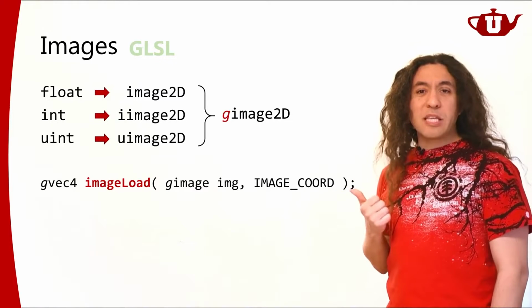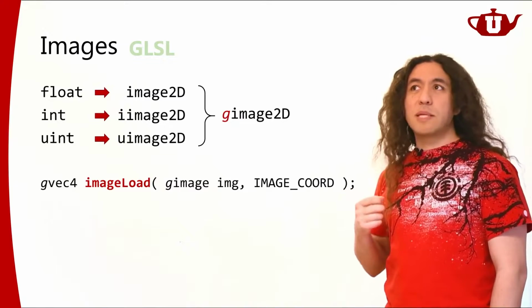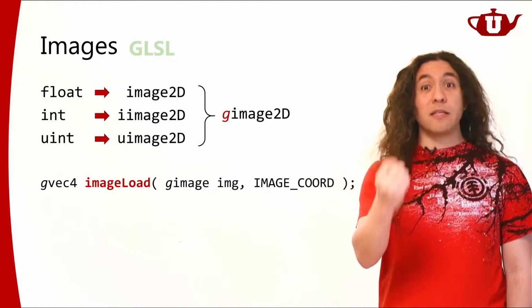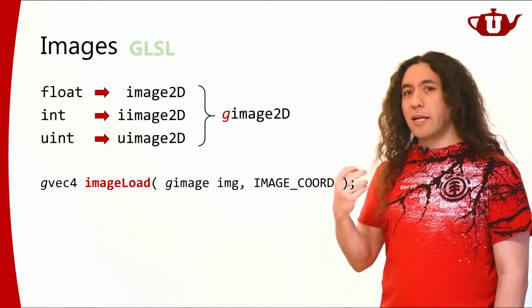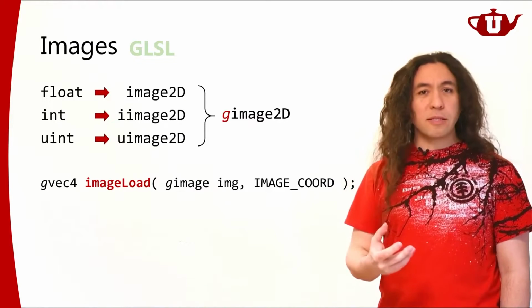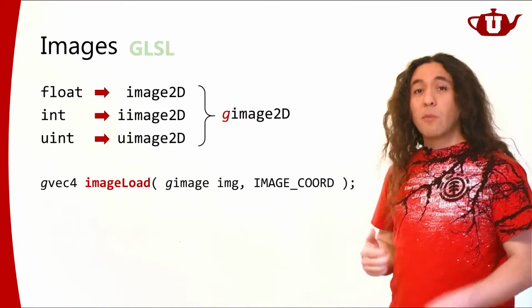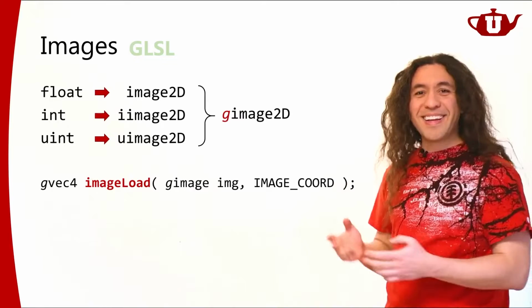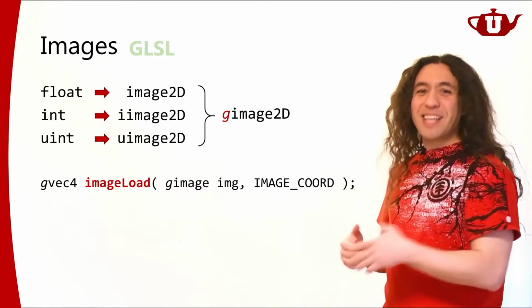I'm basically using this image storage as some custom data that I have, and I want to be able to access that data directly. I don't want that data to go through any filtering operations. If I want some filtering operations, I could use a texture maybe. But if I'm using images, that means I don't want any filtering.